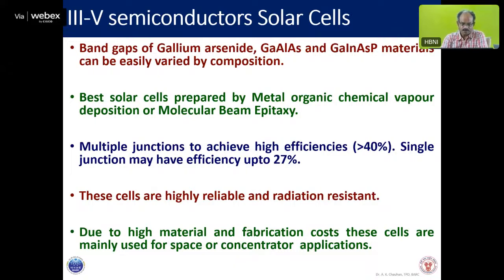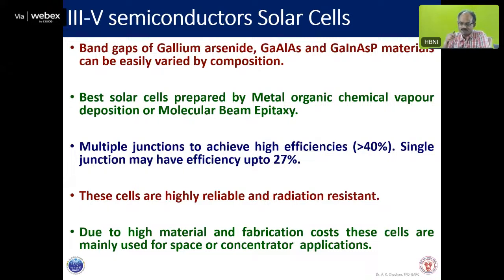Then there are third group elements and fifth group elements. Solar cells based on these semiconductors are very important because the band gap of gallium arsenide, gallium aluminum arsenide, and gallium indium aluminum phosphide materials can be easily varied by composition.